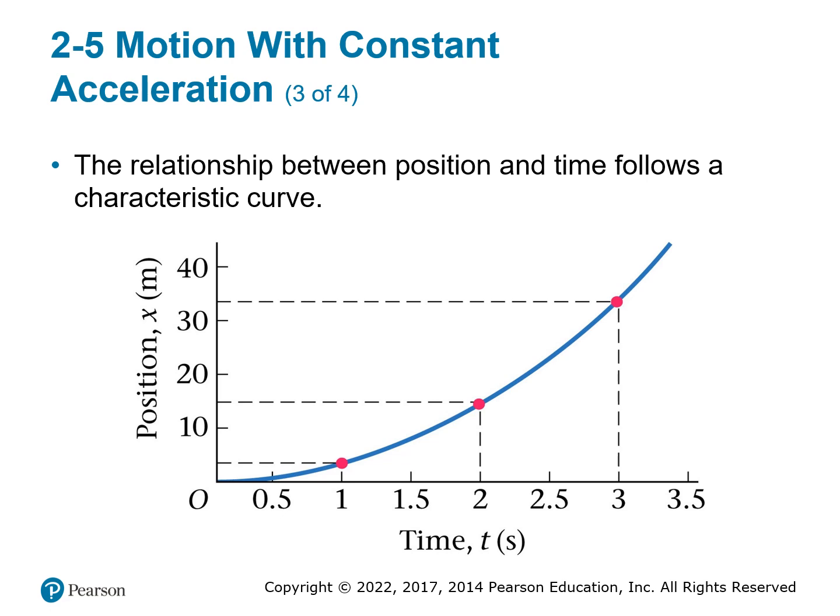All right, if you have an object that has constant acceleration, that means on a position graph, your line is going to be curved. If lines are curved on position graphs, you have acceleration happening.